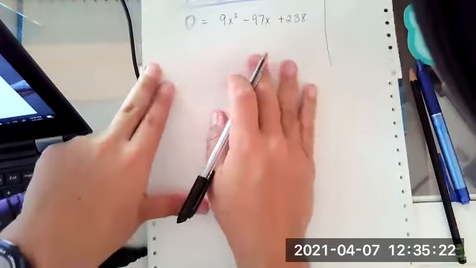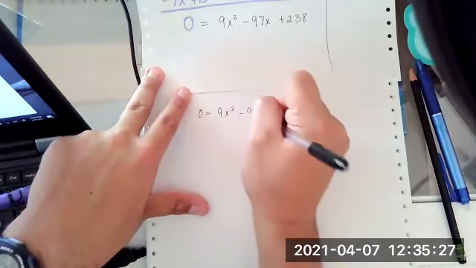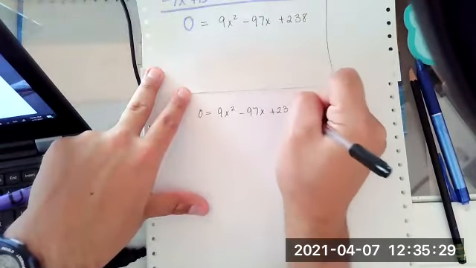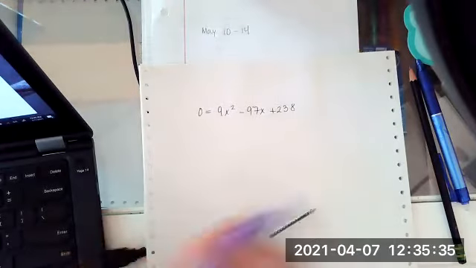I have 0 is equal to 9x squared minus 97x plus 238. And what I want to do is label my coefficients.